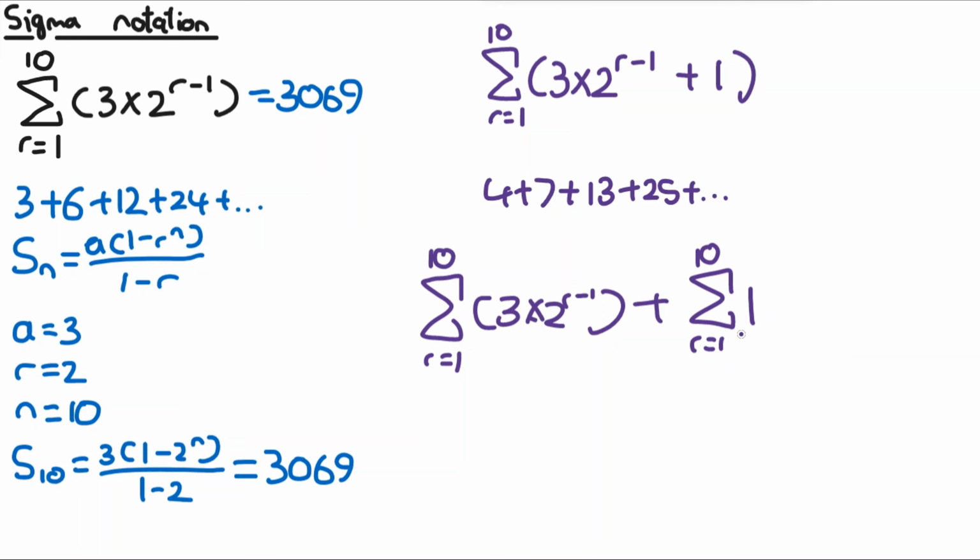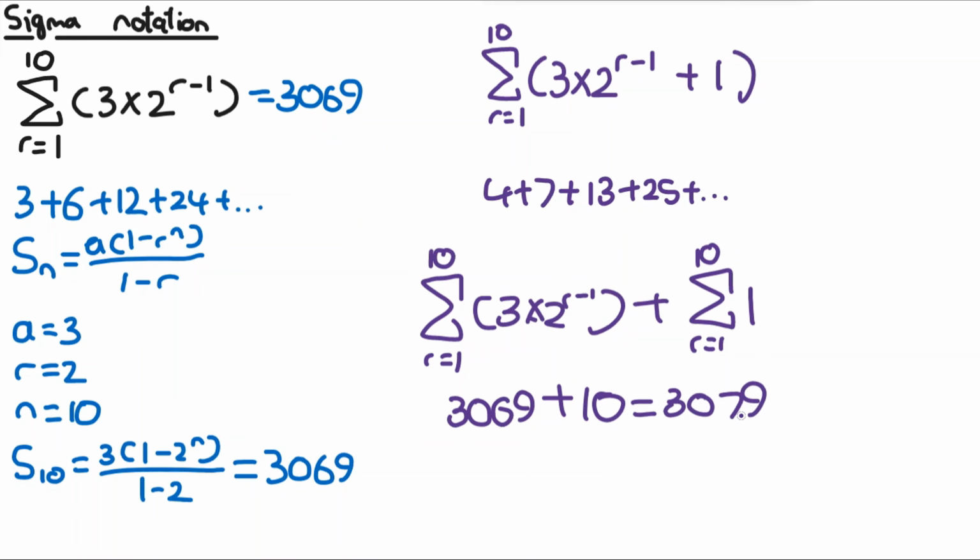So when r is equal to 1, it's going to be 1. When r is equal to 2, it's going to be 1. When r is equal to 3, it's going to be 1. It's just going to be 1 plus 1 plus 1, 10 times, so it's just going to be 10. So therefore it's going to be 3069, this sigma here, plus 10, which is equal to 3079.